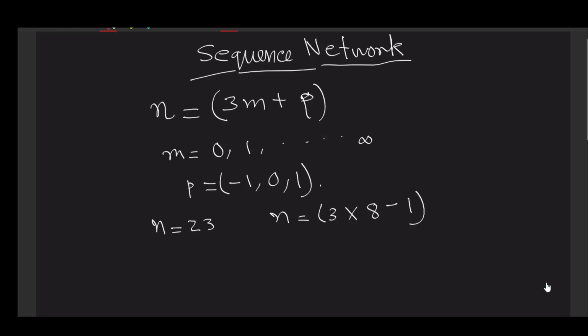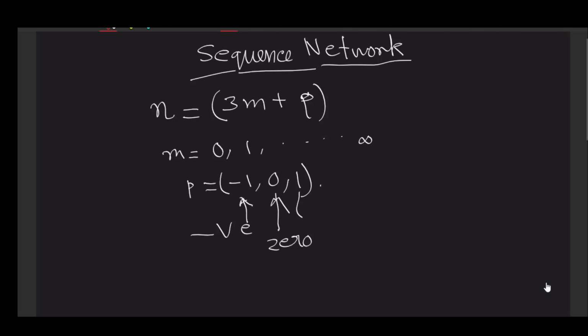So if p is equal to minus 1, then that is negative sequence. If this is 0, then that is zero sequence. If this is plus 1, then that is positive sequence.